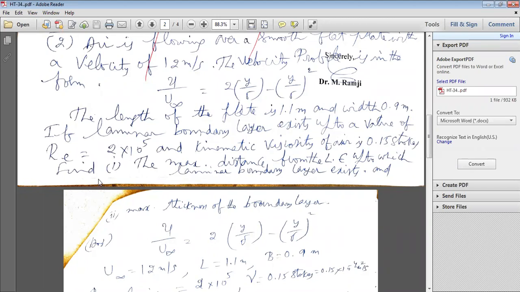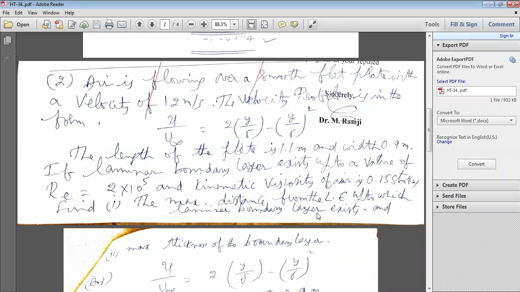Find the maximum distance from the leading edge up to which laminar boundary layer exists. You have to calculate the x value here. And here you have to find out the x value. And second one, maximum thickness of the boundary layer.